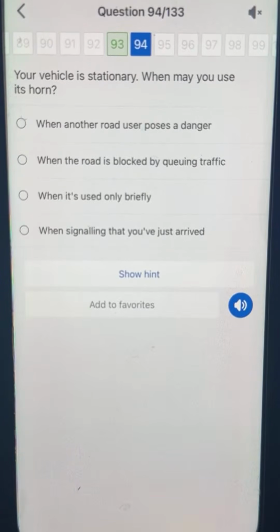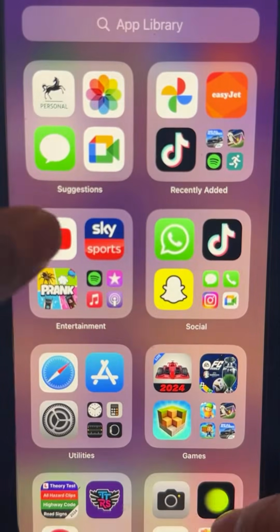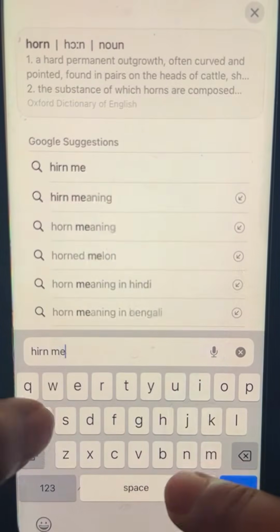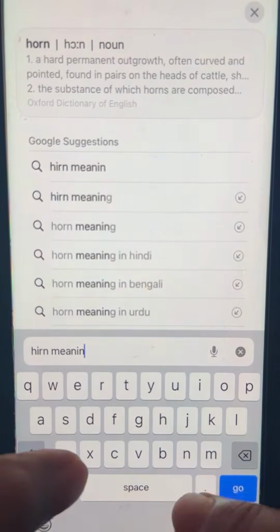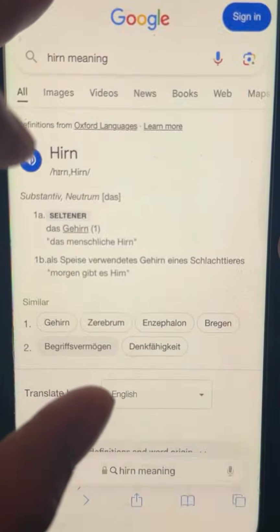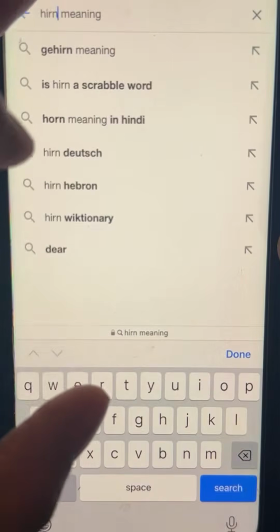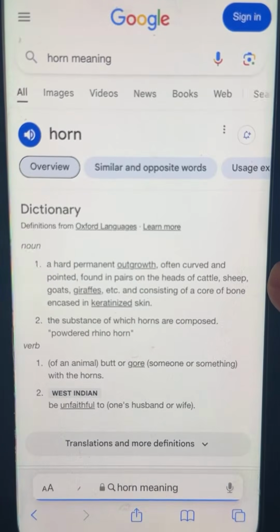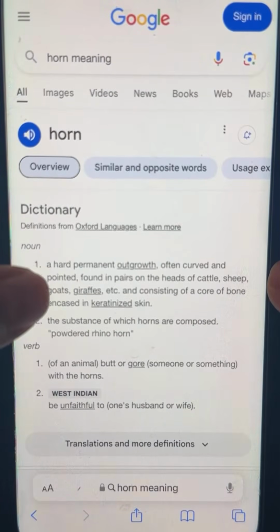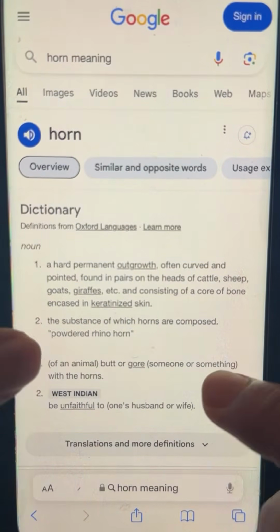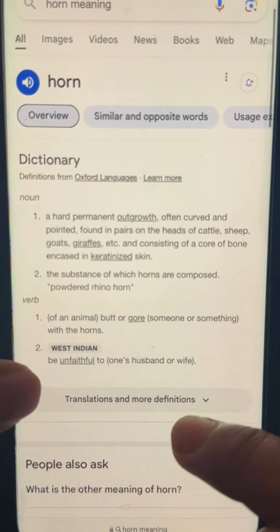Okay, so what's a horn? I'm so sorry. Do you know what a horn is? Do you have any other meaning for a horn? A horn.